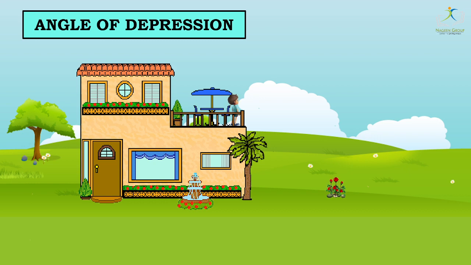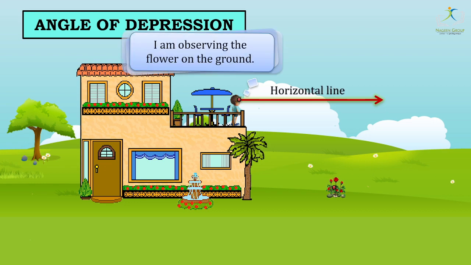Now let's understand angle of depression here. Here this is the observer. Now this is the horizontal line as it is parallel to the ground. Now I am observing the flower on the ground.